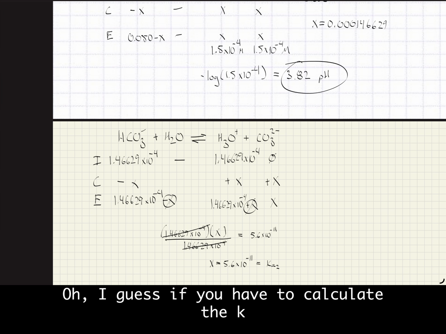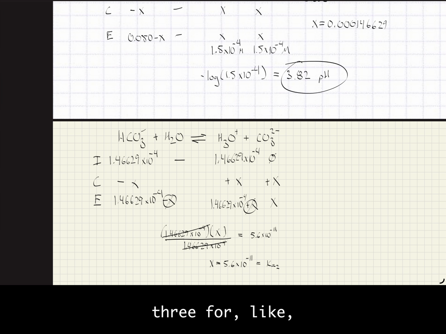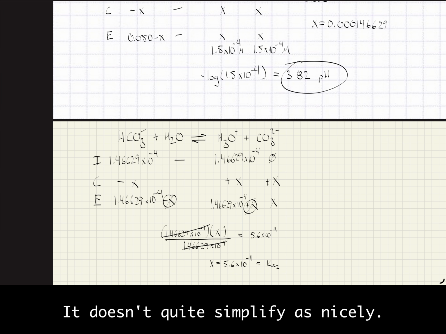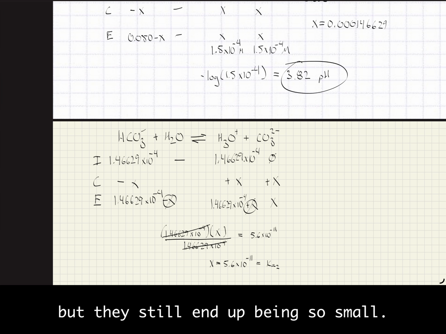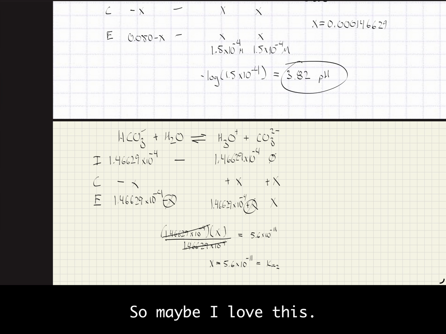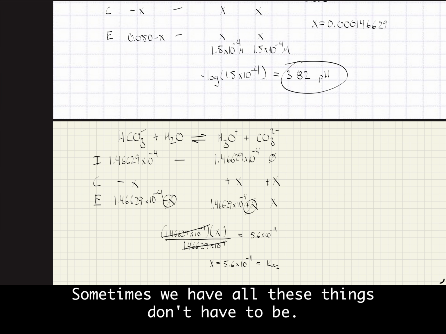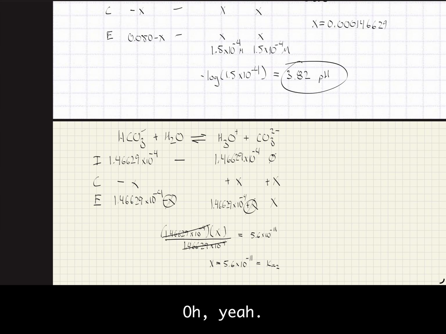Oh, I guess if you have to calculate the Ka3 for phosphoric acid, it doesn't quite simplify as nicely, but they still end up being so small. 1.6 times 10 to the negative 11 is so negligible that you don't have to add it.